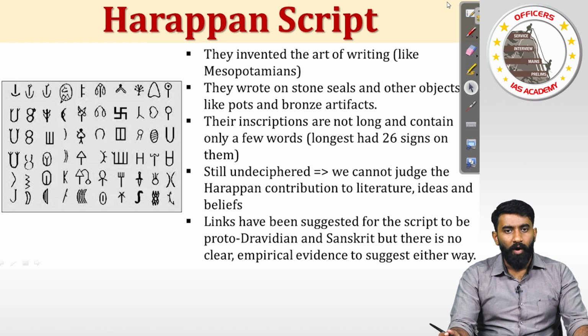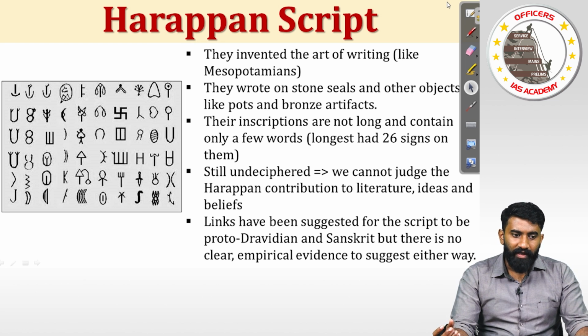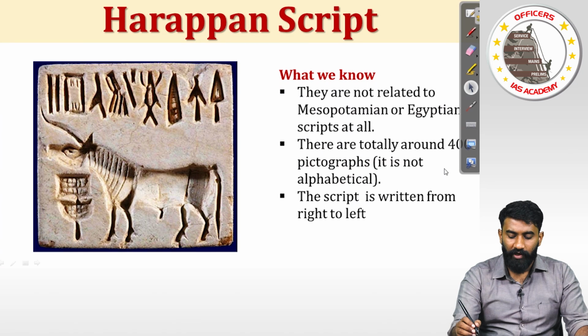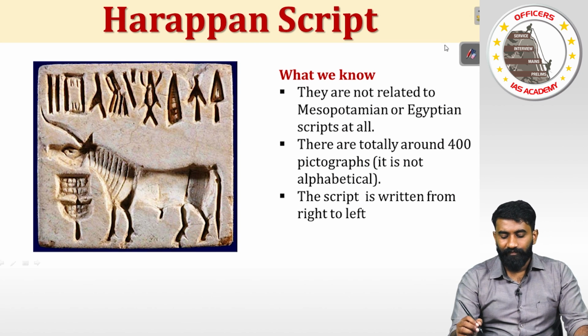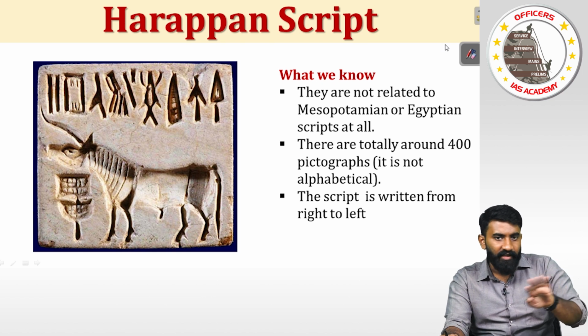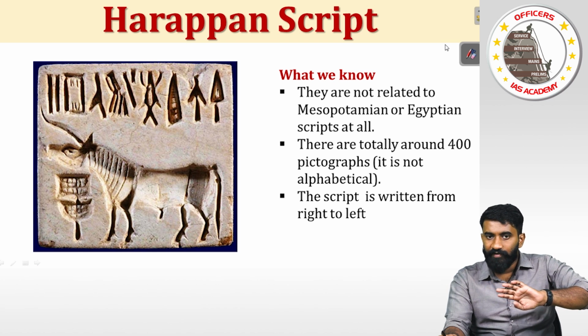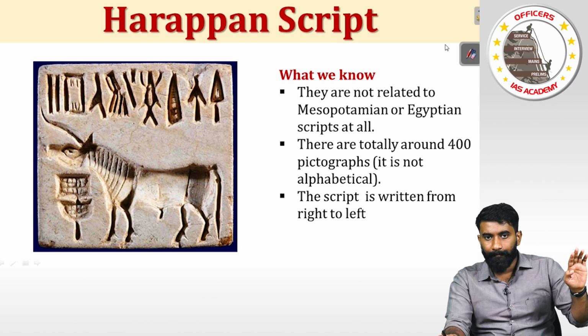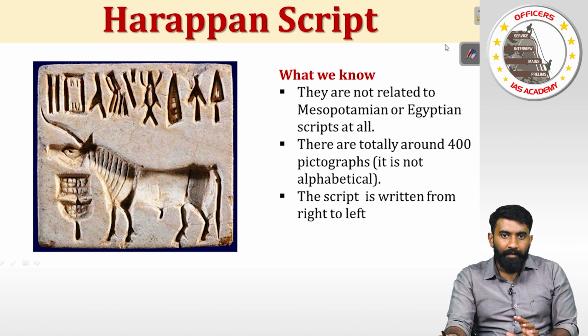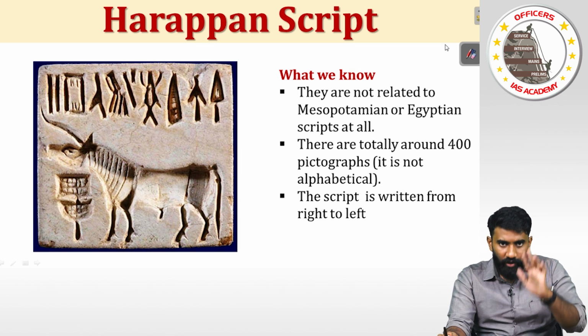Then what else do we know? How do we characterize the script? Well, we know certain things about this Harappan script. The first thing is that we can rule out foreign origin theories. It didn't come from Mesopotamia, it didn't come from Egypt. It was something that was developed indigenously, by some people from the Indian subcontinent itself.